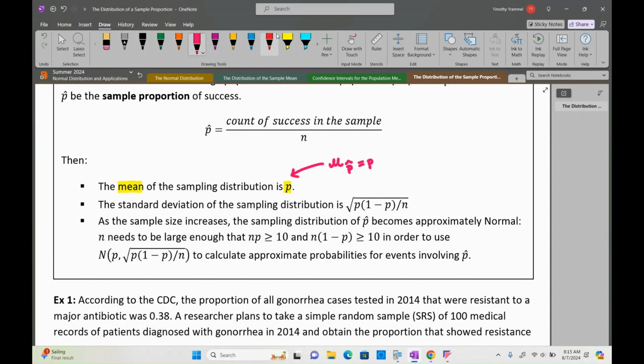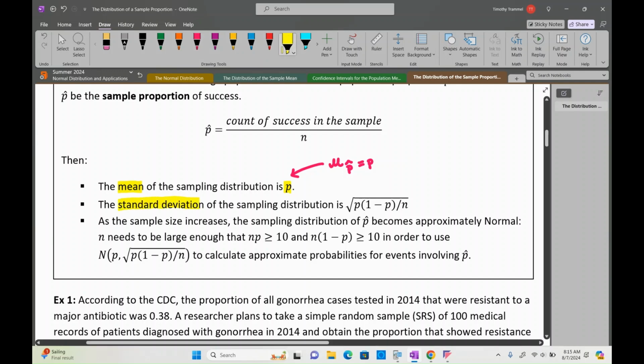Next we have the standard deviation for the sampling distribution. The notation for this, we sometimes will write sigma sub p hat. And then we have that little formula there.